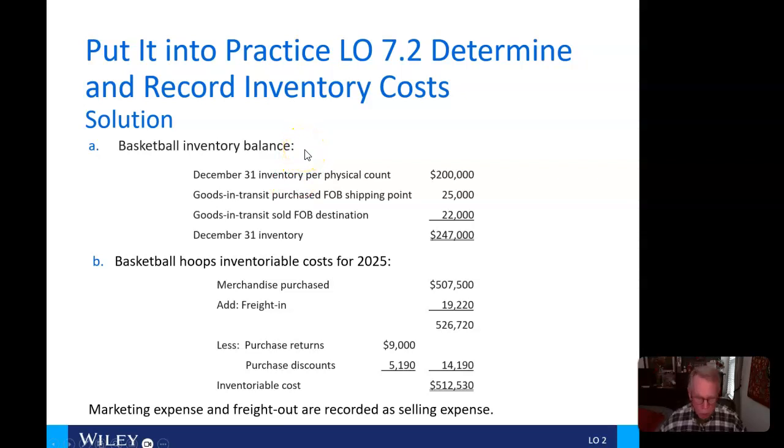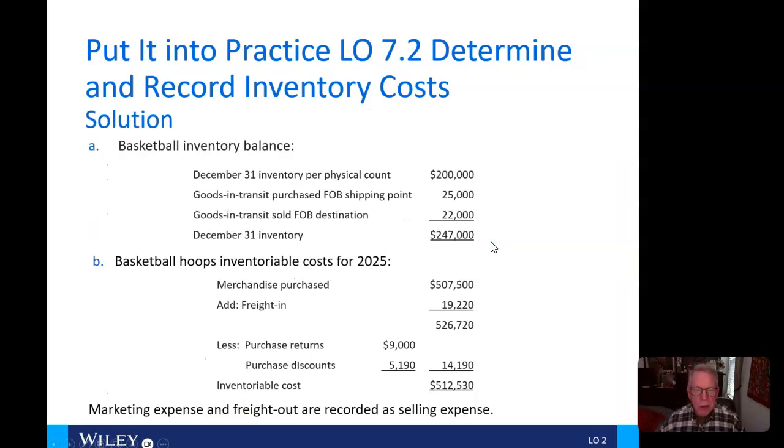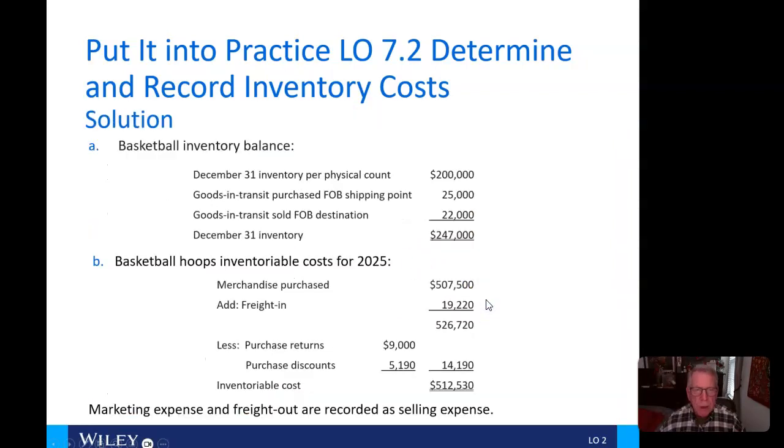Now, the inventoriable costs, we'll take a look at that. We had 507,500 purchased for retail. We have to add our freight in on top of that. That gives us 526,720.